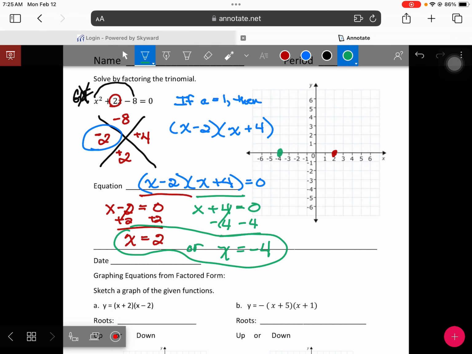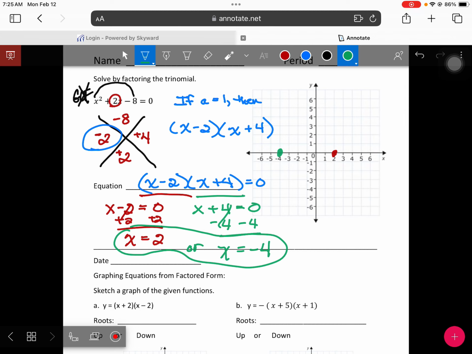What else do I know about this? Is it opening upward or downward? Up, because A is equal to 1. It is a positive 1. And we probably also could get the vertex. Axis of symmetry, vertex.